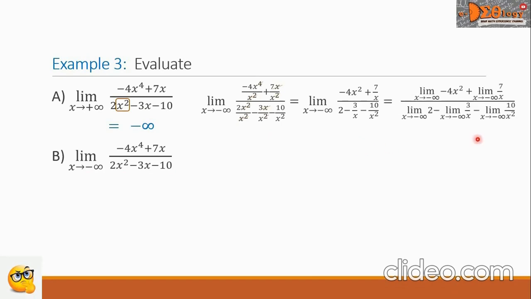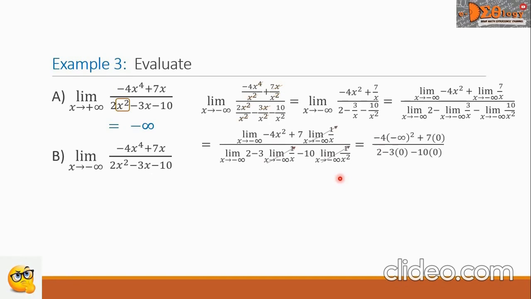The next step is to pull out those constants away from the function, so it will be like this. Next is we can identify those limits that will be equal to 0. Now, let us evaluate the corresponding limits.